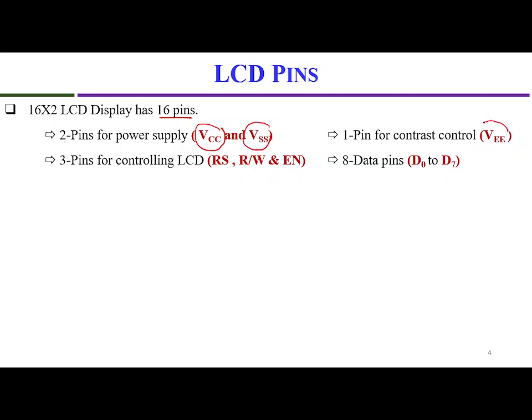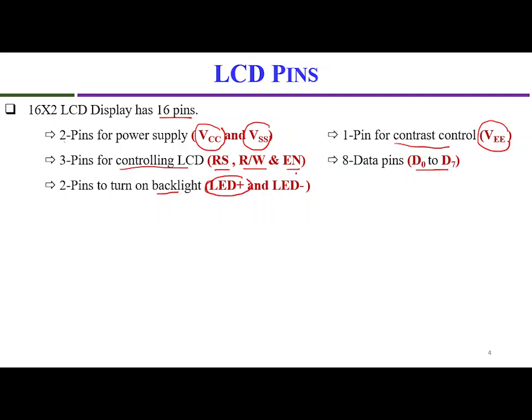One pin is VEE for contrast control. 3 pins are for controlling LCD, they are RS, R/W, and EN, and 8 data pins from D0 to D7. 2 more pins are for backlight, they are LED plus and LED minus. So these are the total 16 pins in the 16 by 2 LCD display.